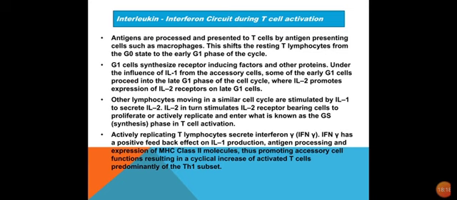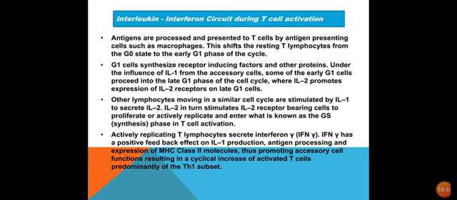Under the influence of interleukin-1 from the accessory cells, some of the early G1 cells proceed into the late G1 phase of the cell cycle, where interleukin-2 promotes expression of interleukin-2 receptors on late G1 cells. Other lymphocytes moving in a similar cell cycle are stimulated by interleukin-1 to secrete interleukin-2.